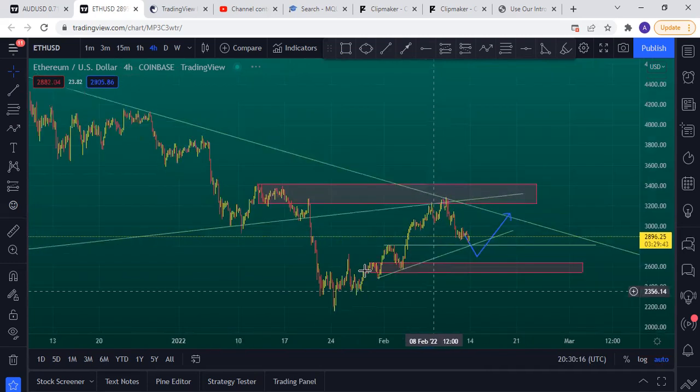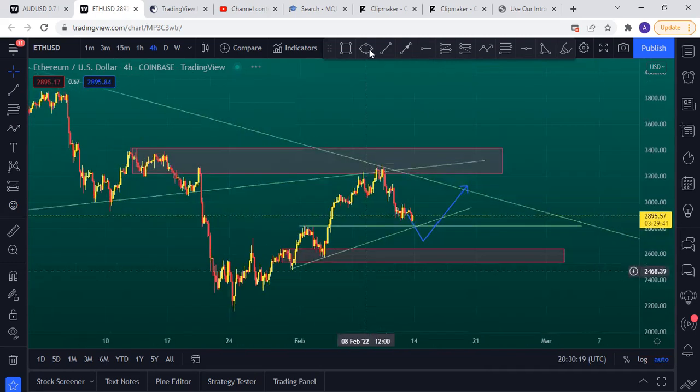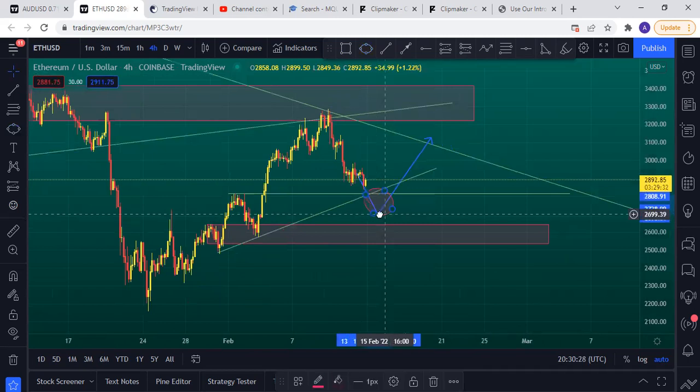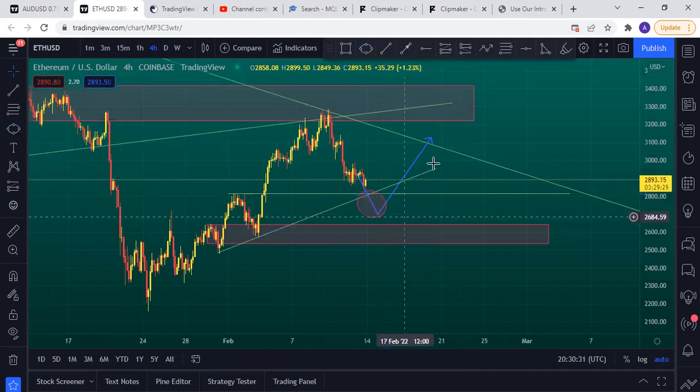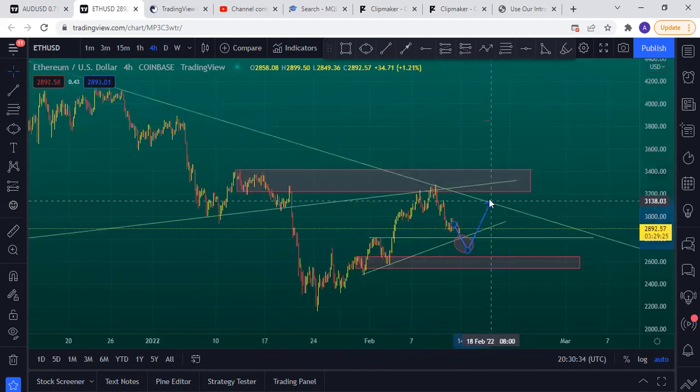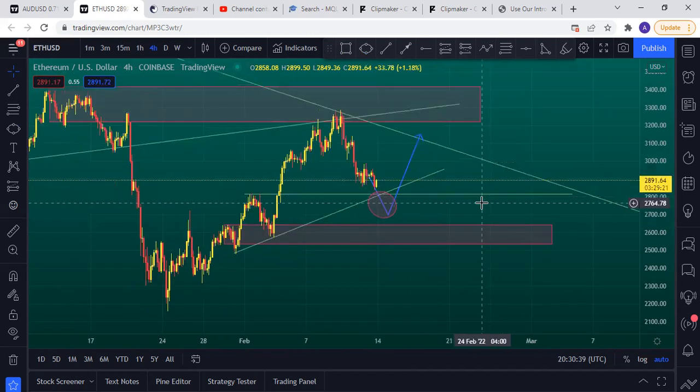We might see a bounce from this zone. Let's see what price does around there.